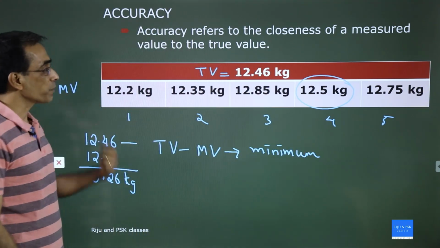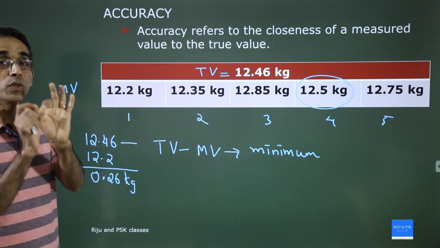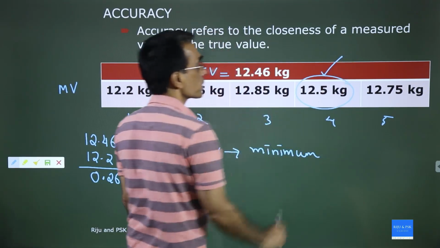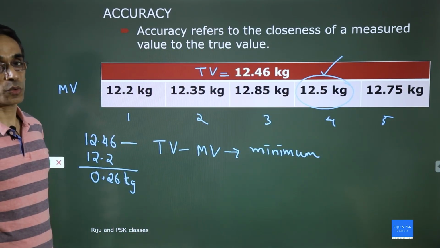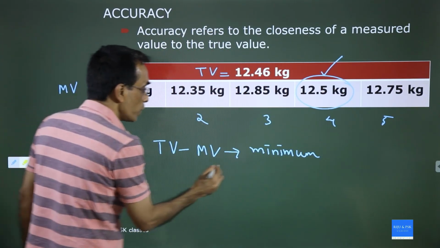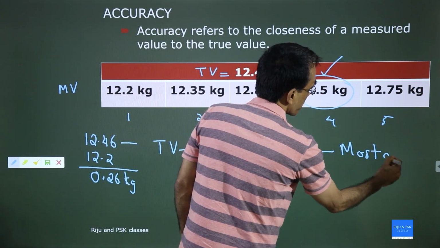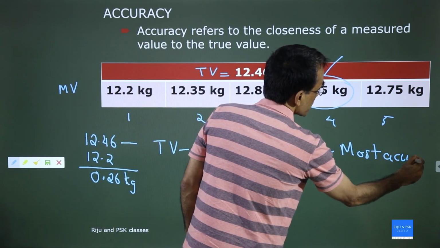When the difference is minimum, then we will say it is the most accurate one. So out of all these values, this becomes the most accurate value.